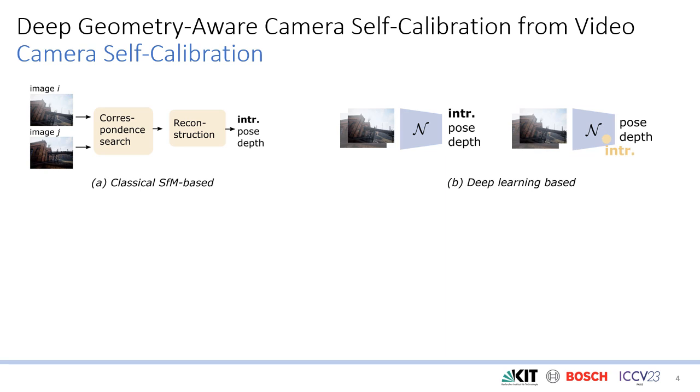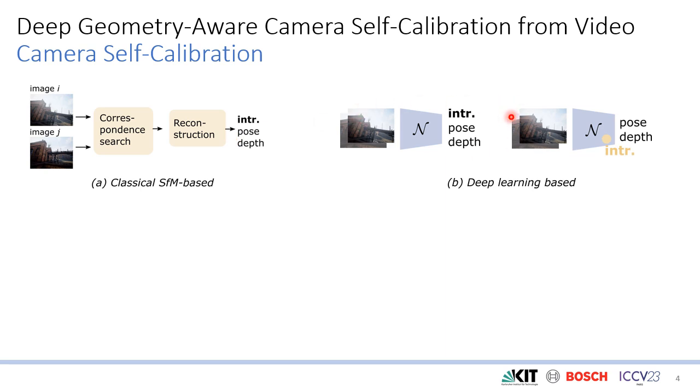Now, before we go into our approach to self-calibration, let's briefly recap the state of the art. The classical approach uses a structure from motion system and refines the intrinsics together with poses and depth during reconstruction. However, classical structure from motion suffers from failed reconstructions due to lack of texture, outliers, or too little camera motion.